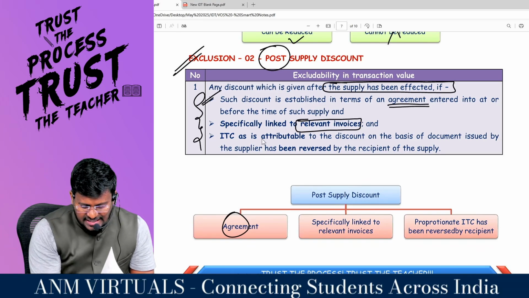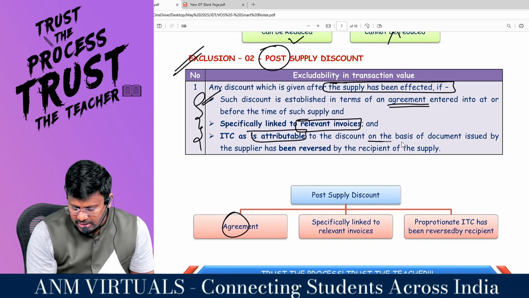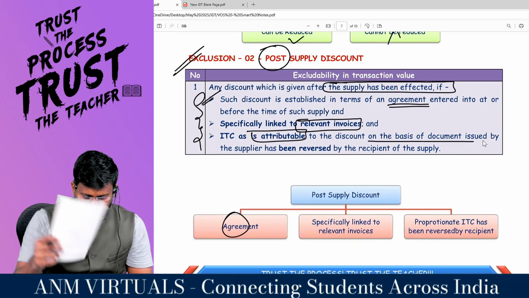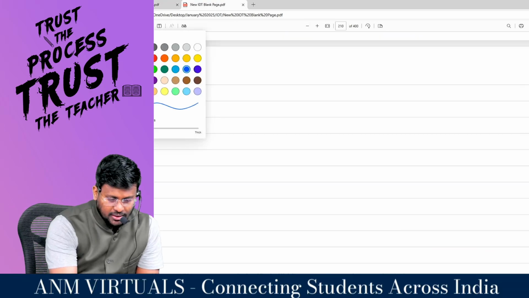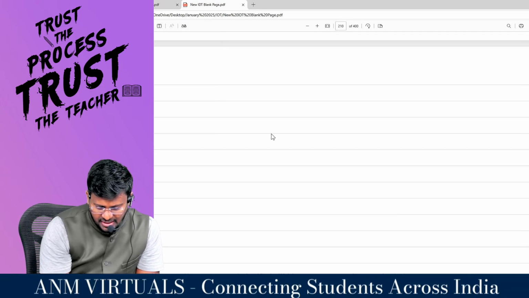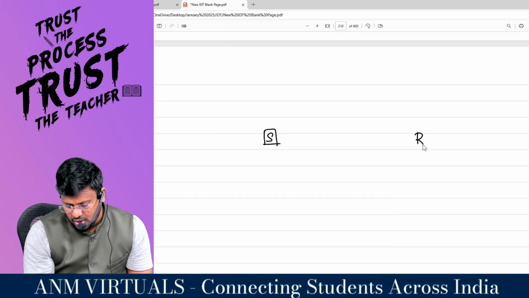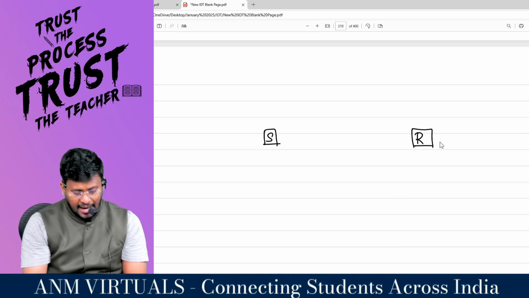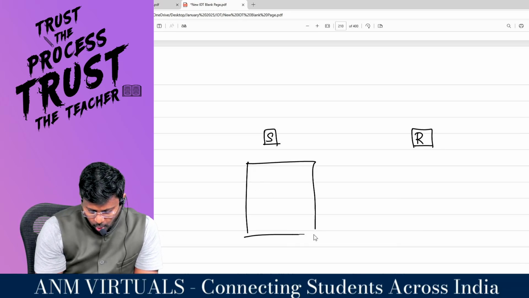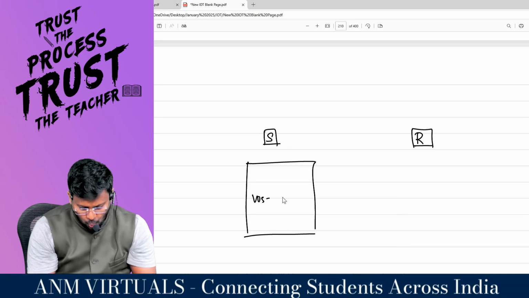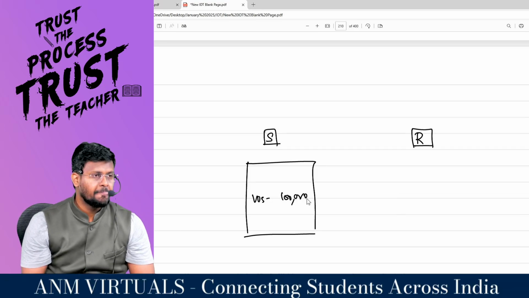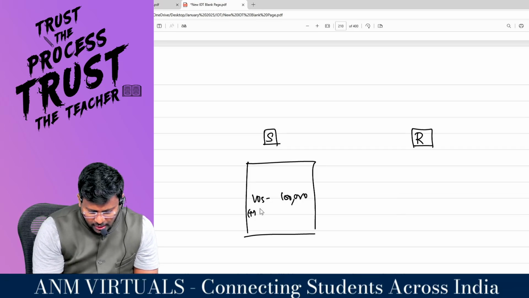And ITC as is attributable to the discount on the basis of the document issued by the supplier has been reversed by the recipient. These are very important points. For example, I am the supplier and you are the recipient. I supplied one goods or services or both. For example, the value of supply for that item is 1 lakh. On that I would have collected GST.